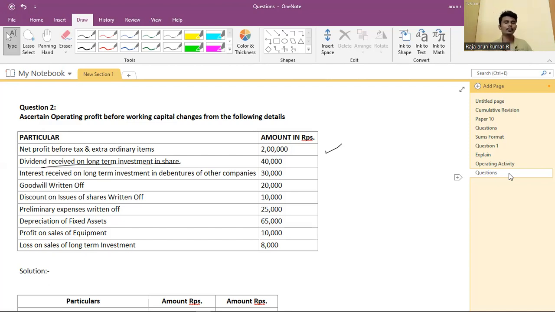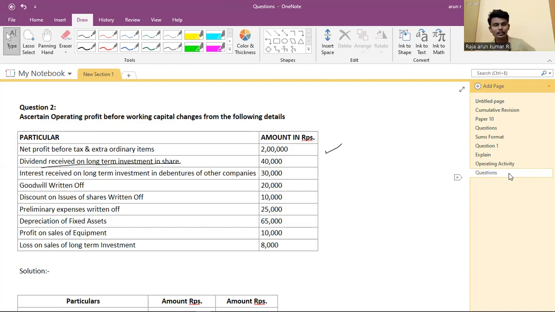Net profit before extraordinary item is given, that means the first step answer is given. In the second step only they gave the question. We compute operating profit before working capital changes. We do that sum in the second step. I give the sum dedicatedly for the second step: add the expenses and losses, less the income and gain.